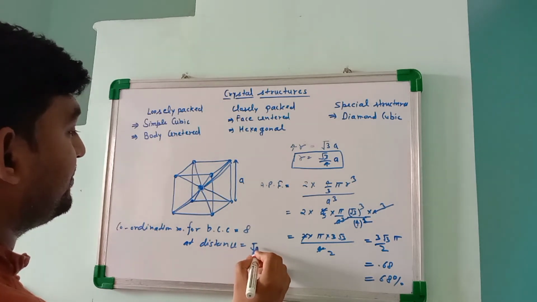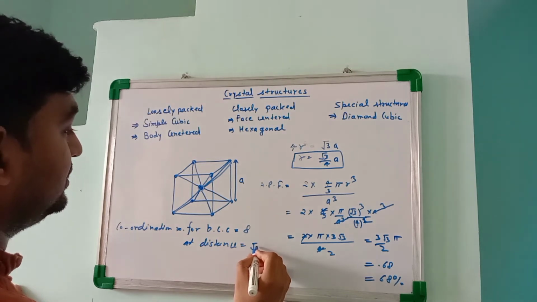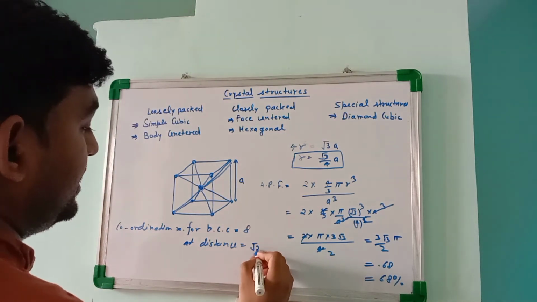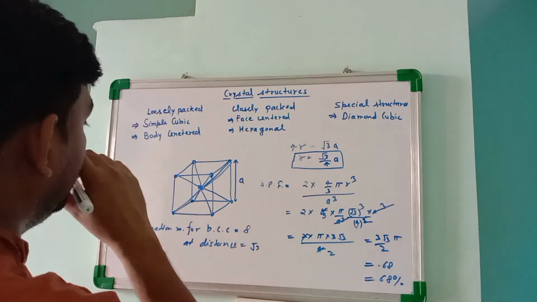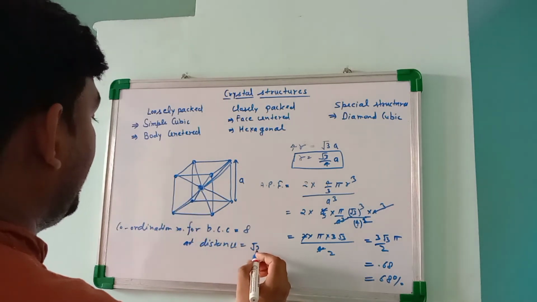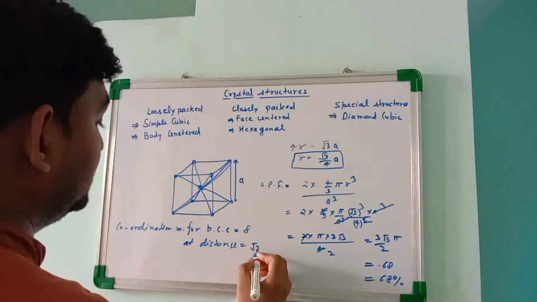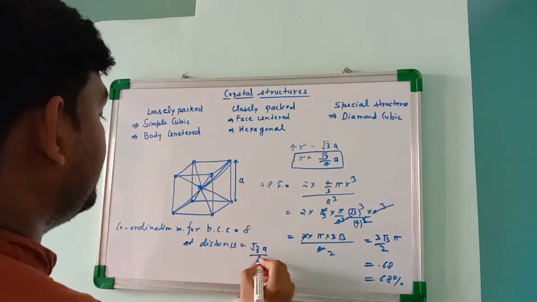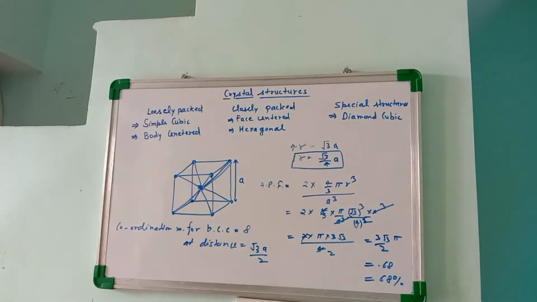Because it is along the body diagonal, the distance is √3a/2.